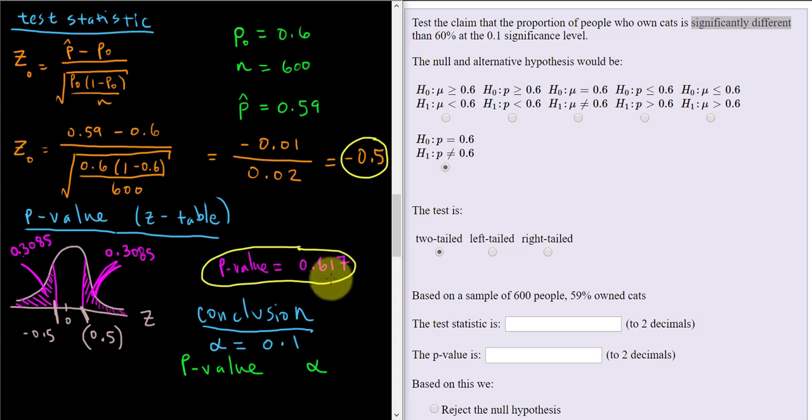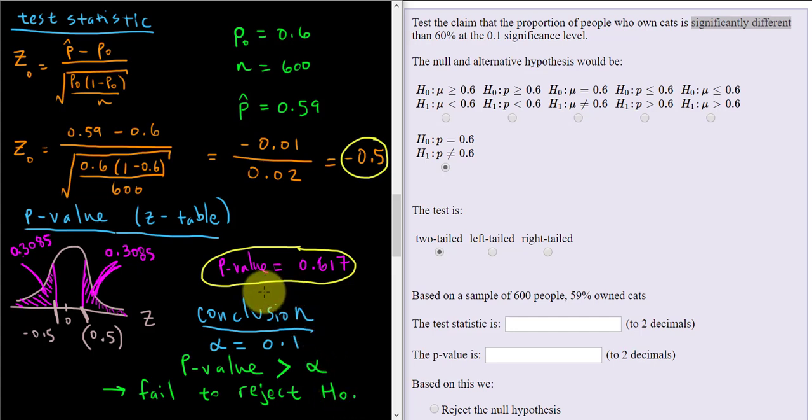So our p-value, approximately 0.6, is that bigger or smaller than 0.1? Certainly bigger, right? Therefore, our conclusion will be to not reject the null hypothesis. Or we can say we fail to reject the null hypothesis.